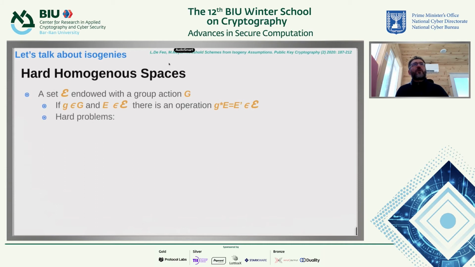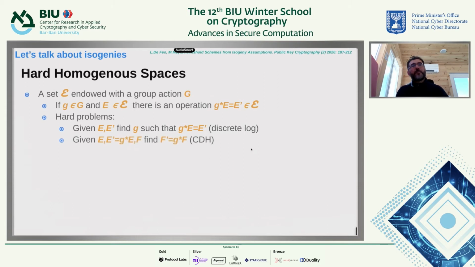Over this homogeneous space, we have our problems. Given two curves E and E prime, find the group element that maps E into E prime. This is the equivalent of the discrete log problem in this space.